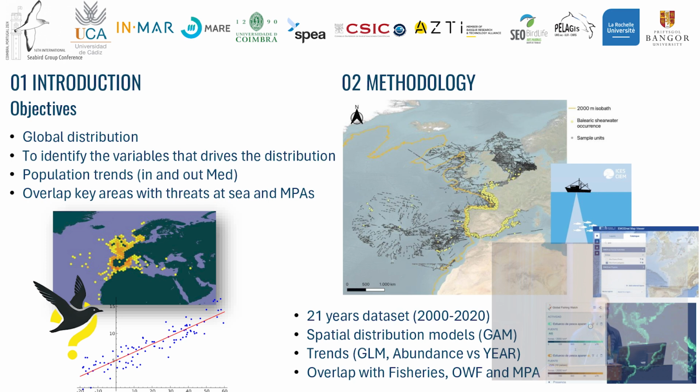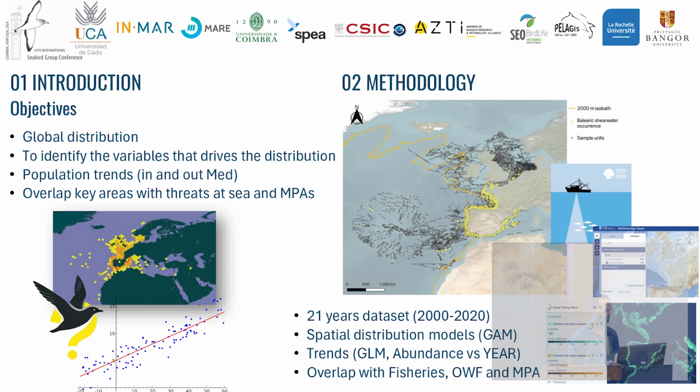How did we do that? We collected data from many different institutions, and finally we got 20 years of at-sea count data from oceanographic campaign vessels along Europe, from 10 different countries. Then we built the spatial distribution model using generalized additive models, comparing abundance versus static and dynamic variables, such as distance to coast, distance to colony, productivity, and micronekton, the most common variables.